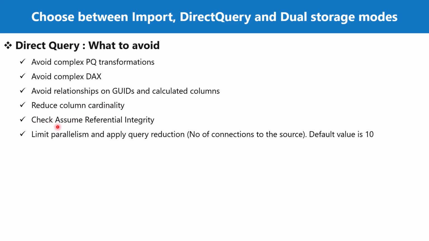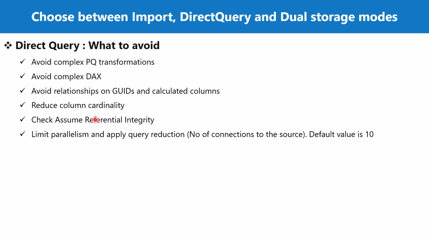Then there is a concept called referential integrity, which is associated with databases. Once you are developing data models which are hosted in the databases, it is the responsibility of the database developer to ensure that the fact table does not contain any record which is not defined inside the dimension table.